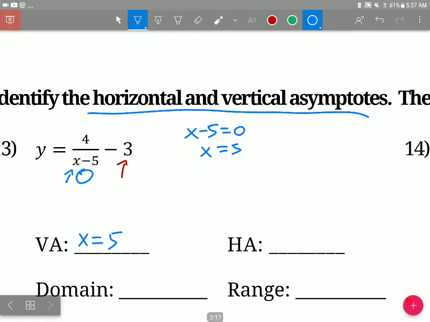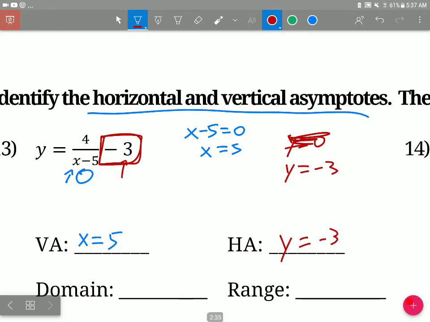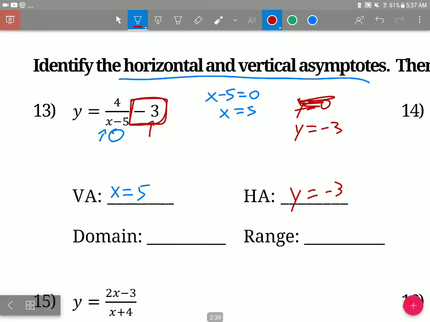All right, your horizontal asymptote. Your horizontal asymptote is always y equals 0, except if you've shifted it up or down. In this case, we've shifted it down, so it must be y equals negative 3. And your domain and range, remember, it's everything except for your asymptotes.